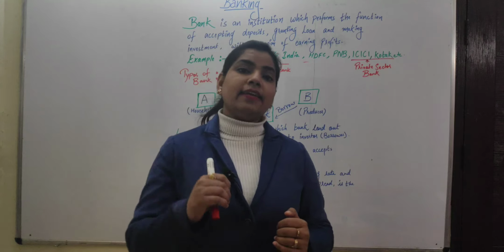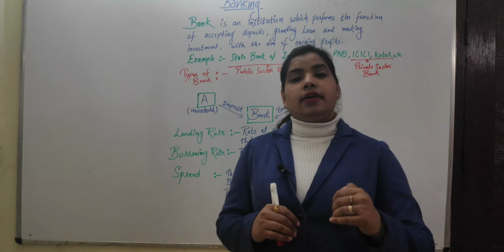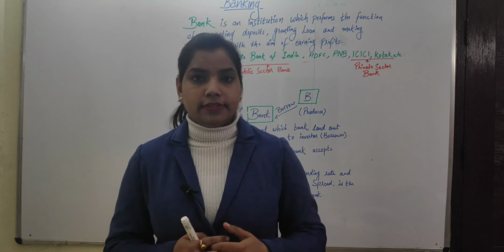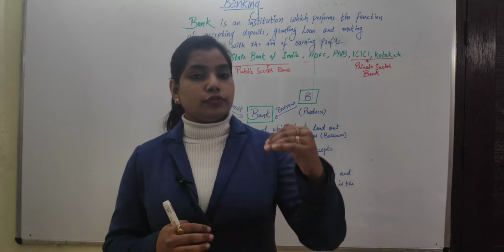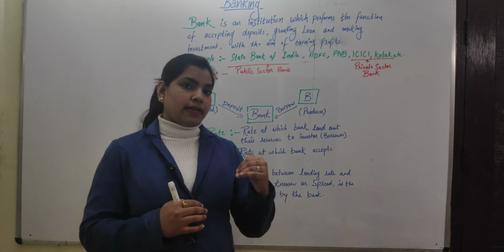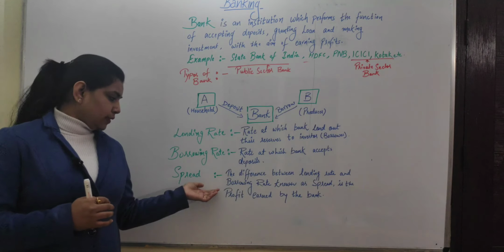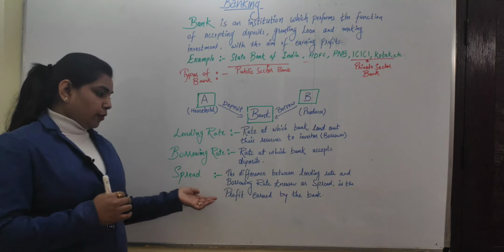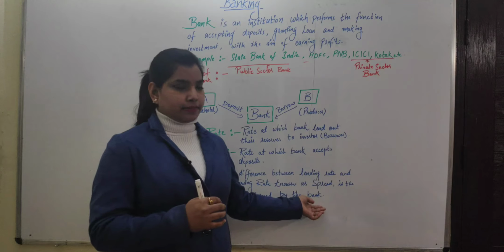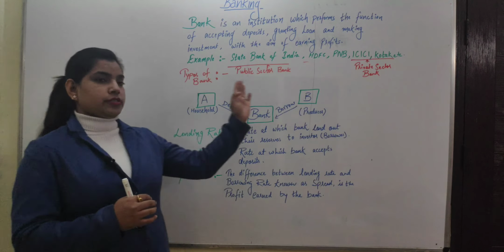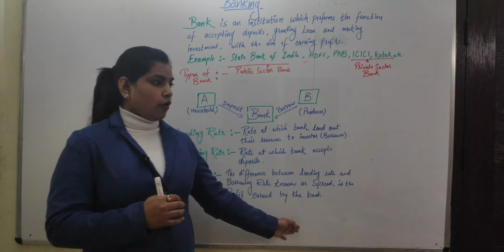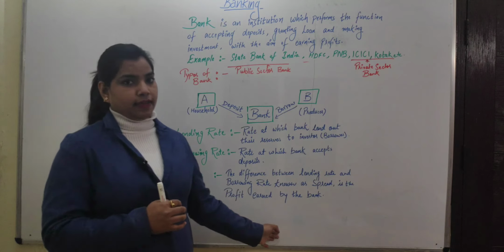Students, lending rates are generally higher than the borrowing rates. So the difference between the bank lending rate and borrowing rate is known as spread, or the profit earned by the bank. So, this is the whole process of the bank, which is also known as banking.